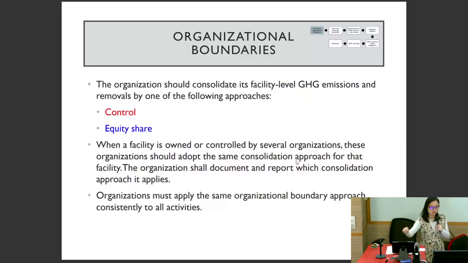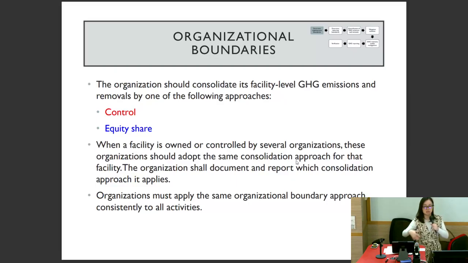The organization should consolidate its facility level greenhouse gas emissions and removals by one of the following approaches: the control approach or the equity share approach. When a facility is owned or controlled by several organizations, these organizations should adopt the same consolidation approach for that facility.